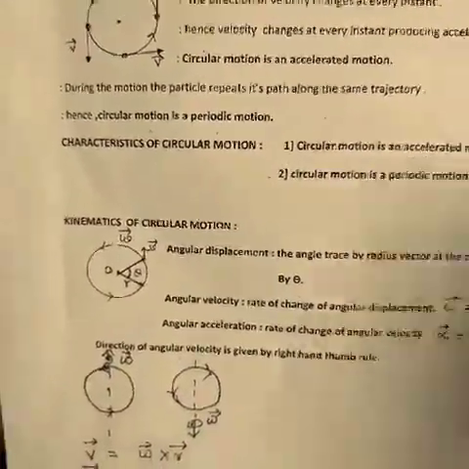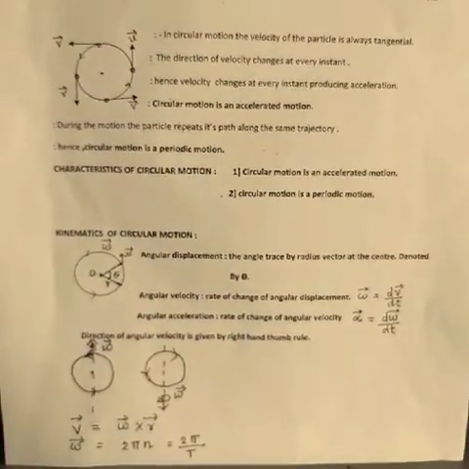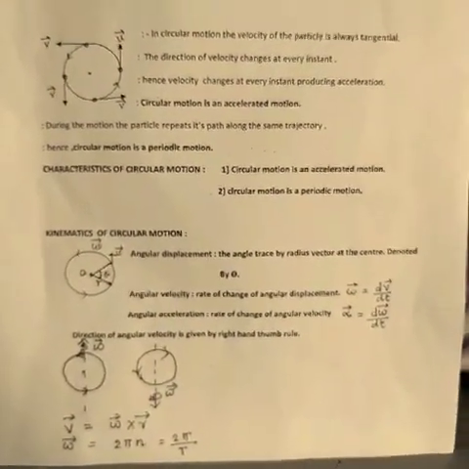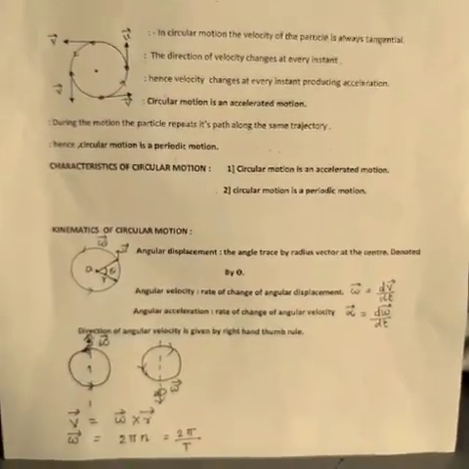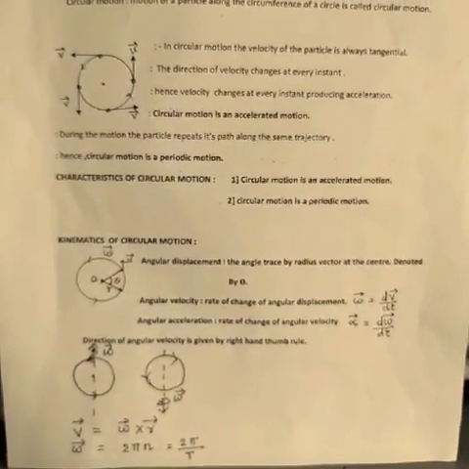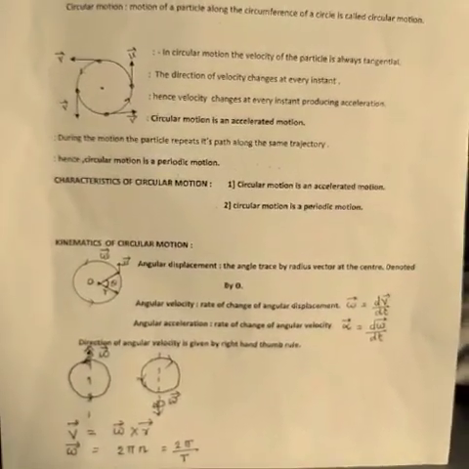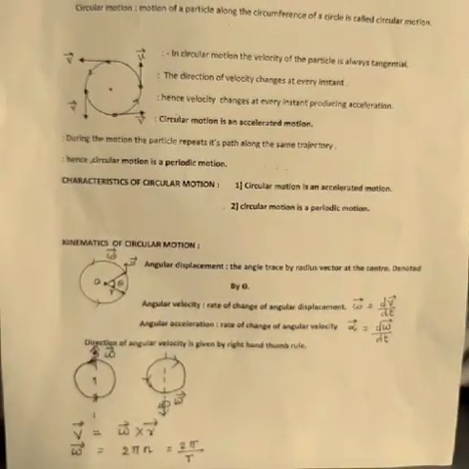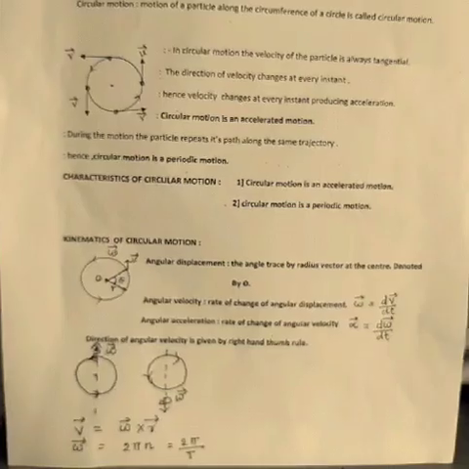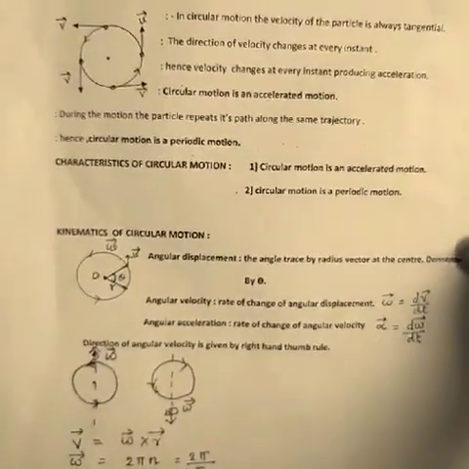We have also studied the relation between angular and linear velocity, which is v equal to omega cross r, and also omega is equal to 2 pi n, where n is the frequency. Frequency is the reciprocal of periodic time, so it is equal to 2 pi upon T also.